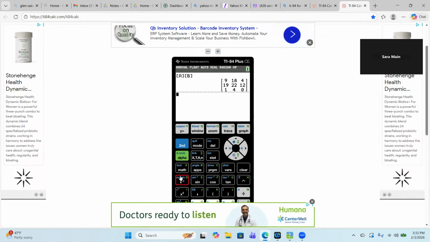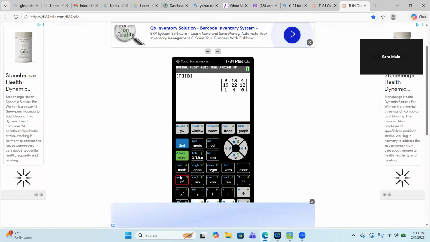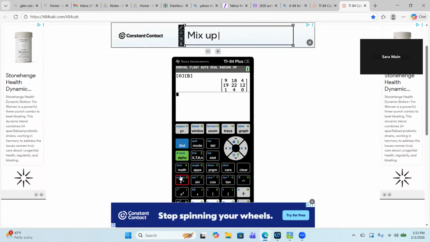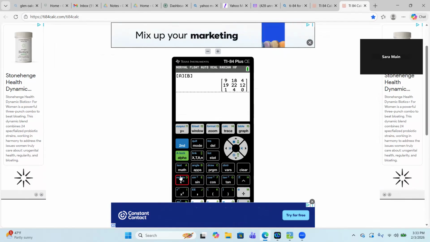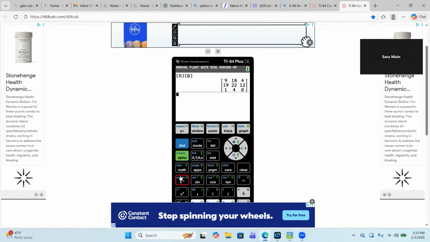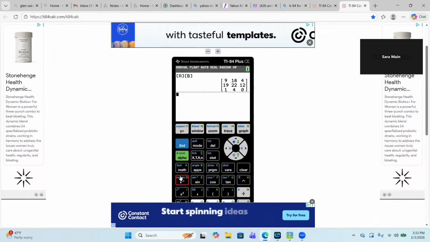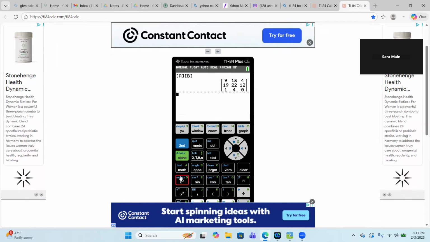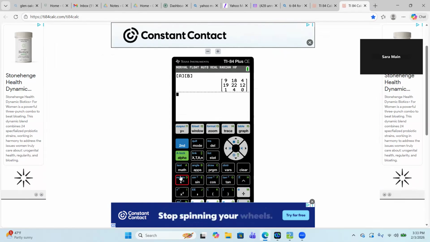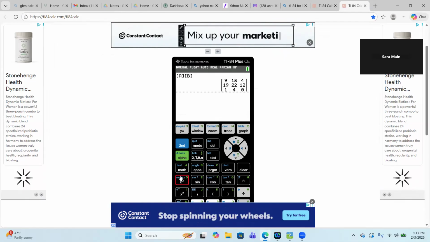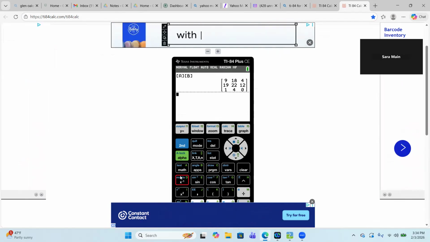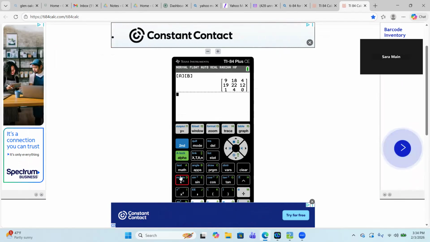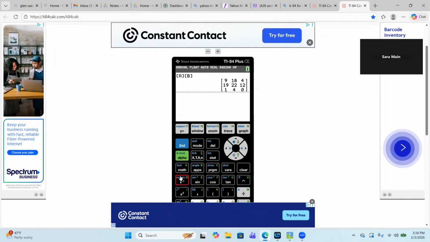And it gives us the multiplication. And that should be a 3 by 3 because this was a 3 by 2 and a 2 by 3. So let's leave that up there.